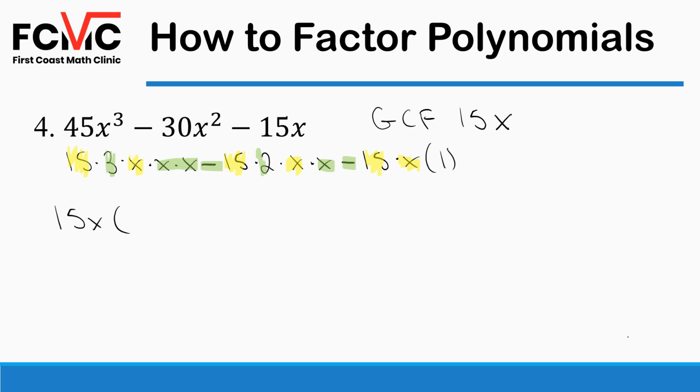So this is going to be 3x squared minus 2x minus 1. So our answer here for number 4, when we factor this, is 15x times 3x squared minus 2x minus 1. All right, let's get into numbers 5 and 6.